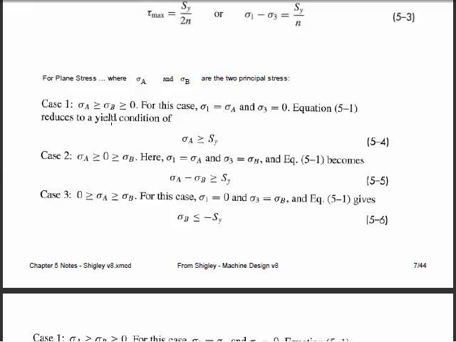This is for a plane stress situation where we have a stress square with sigma x, sigma y, and tau xy on it. That plane stress situation can be used to draw a single Mohr circle where the far right end of that circle is called sigma A and the far left of that circle is called sigma B.